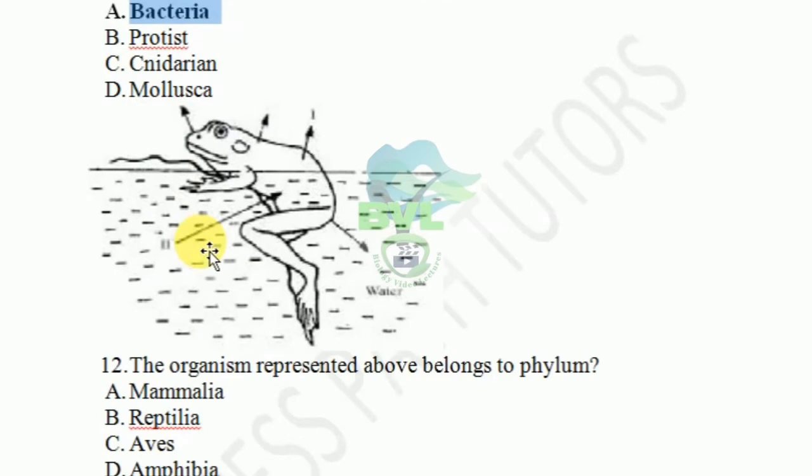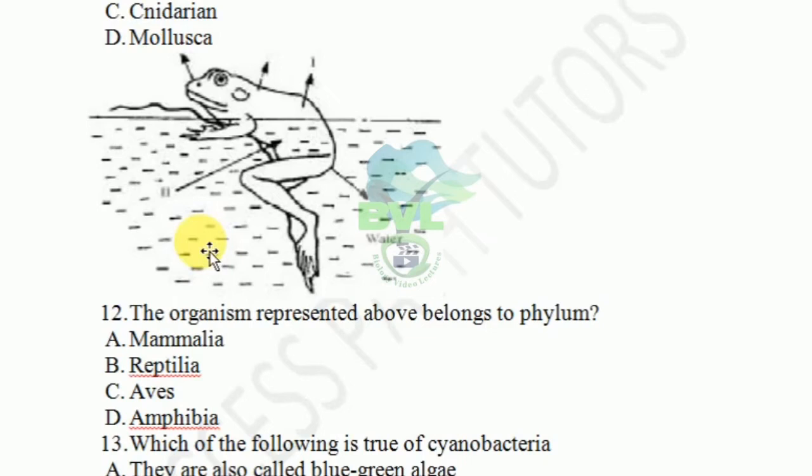The organism represented above belongs to phylum. Oh, I think there's a mistake here. The phylum is not mentioned, it's only the class that is mentioned. So I should change this to class, but I'll also mention the phylum to make it easy for us.